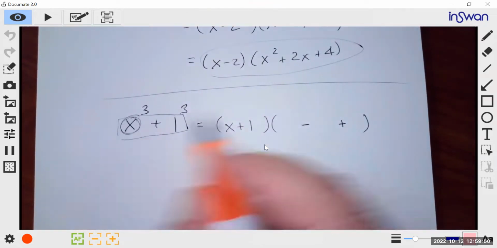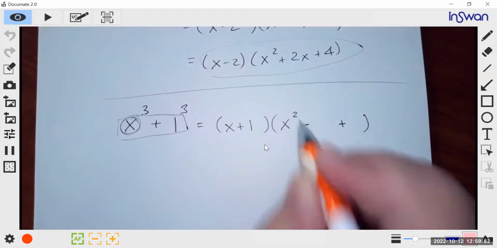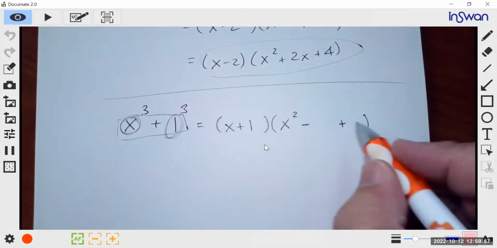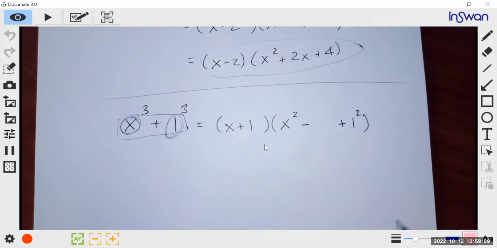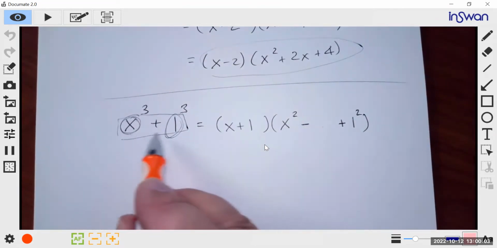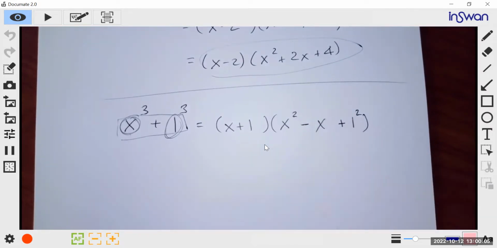Whatever the first term is, square it. Whatever the last term is, goes back here and you square it. And they multiply to go inside here. X times 1 is x, or 1x if you want. You can put 1x. So that's how you factor cubic equations.